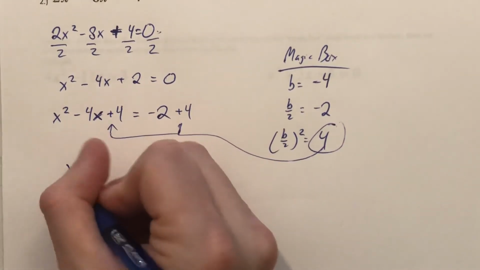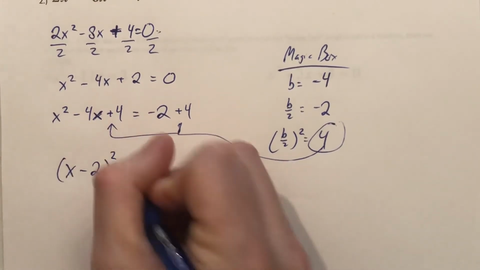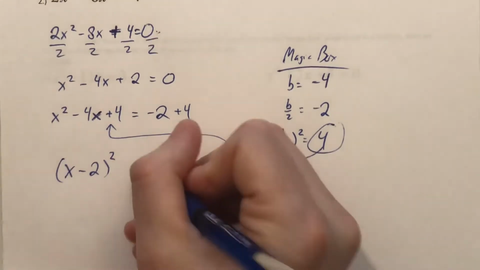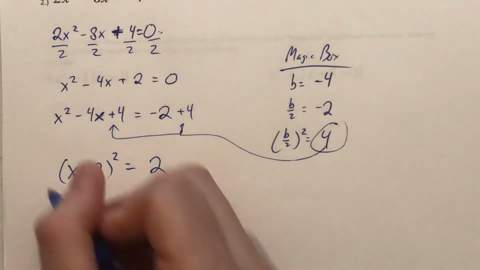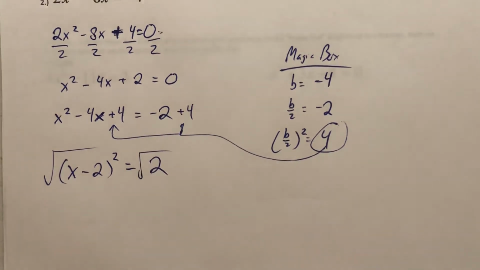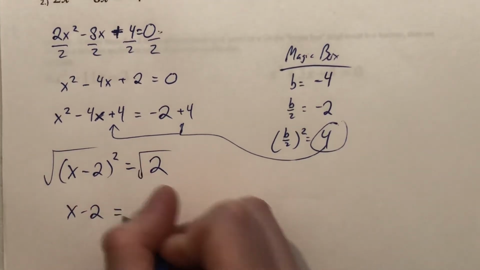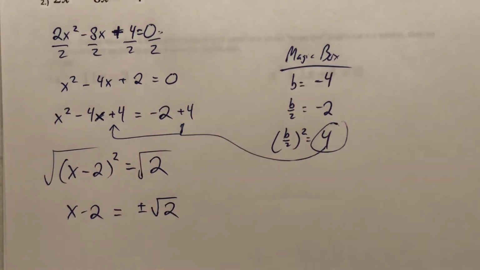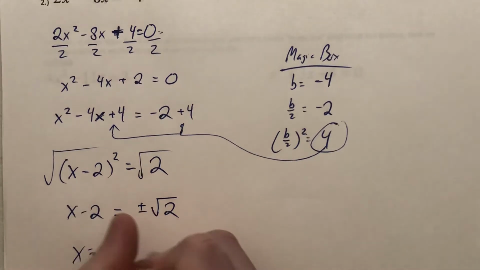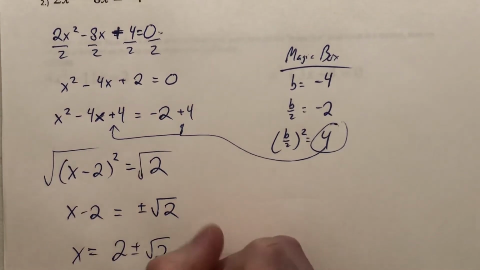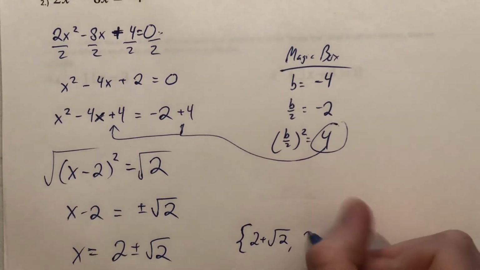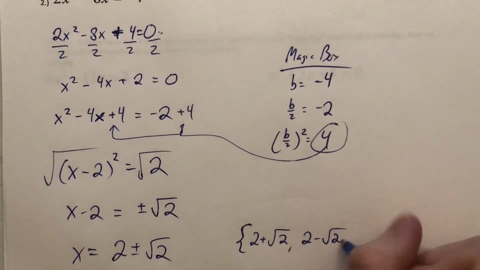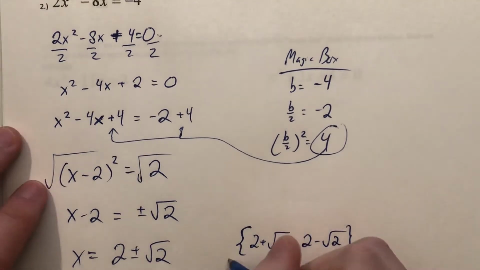On the left, creating the trinomial that factors into x minus 2 times x minus 2, so x minus 2 squared, and over here getting a positive 2, and then jumping into the square root property, which leaves us just x minus 2 on that side and plus or minus root 2 on the other. And then I'll just add the 2 over to the other side and get 2 plus or minus root 2. So my two solutions are 2 plus root 2, and 2 minus root 2.